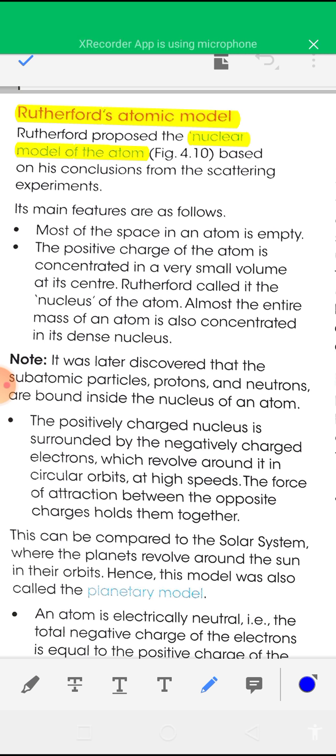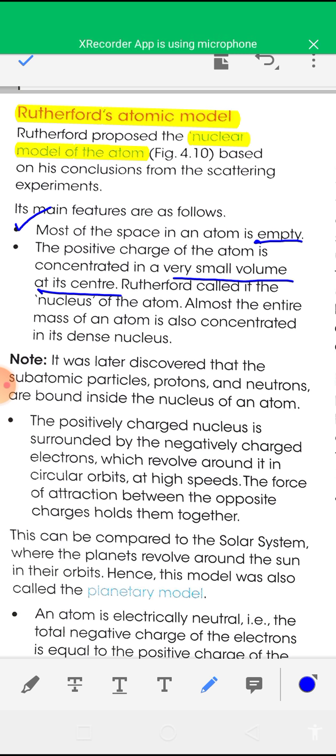In Rutherford atomic model, the main features are: most of the space in an atom is empty, and the positive charge of the atom is concentrated in a very small volume at its center, and this is known as nucleus.